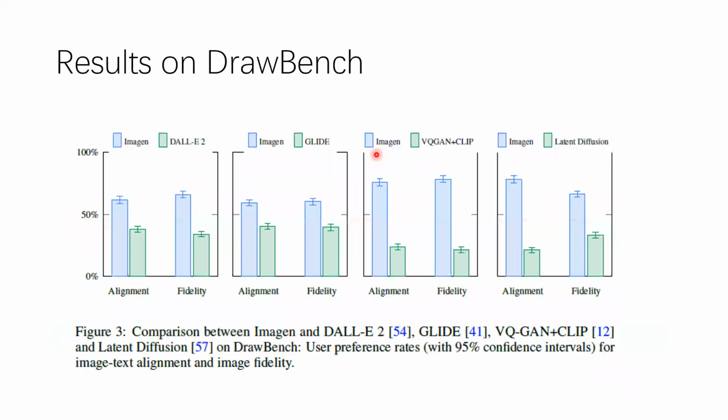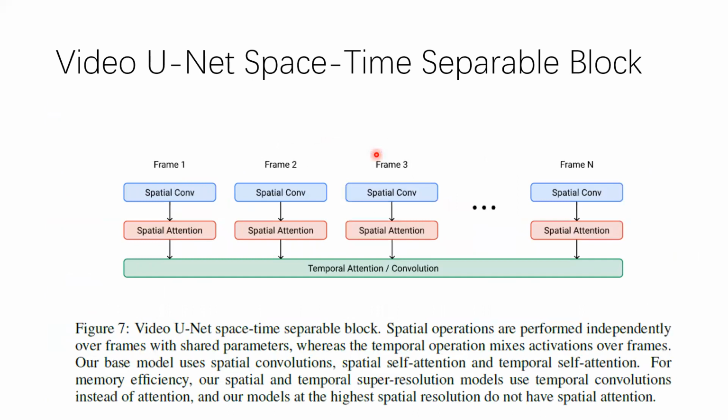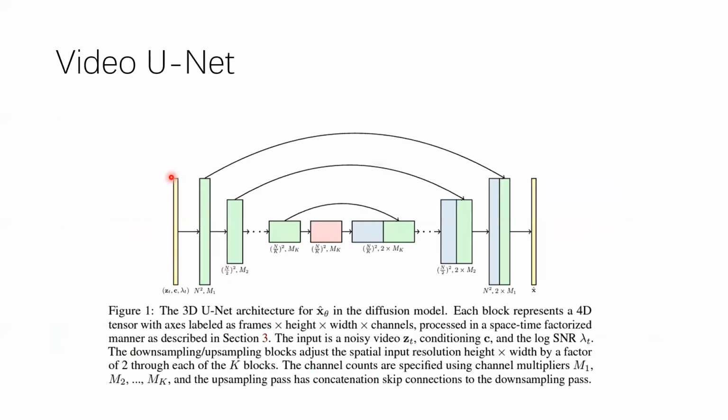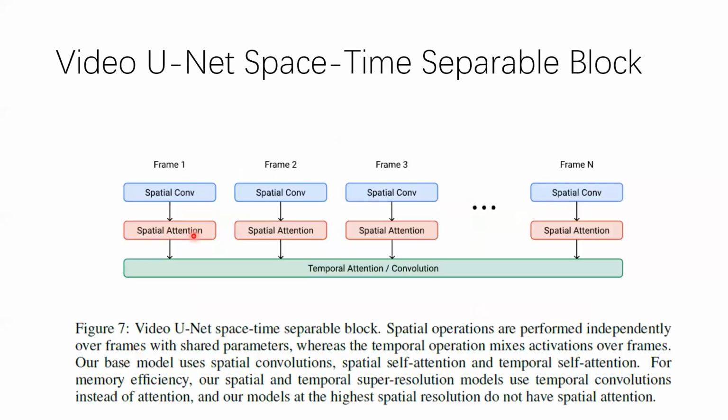So here, each diffusion model, this one is the input video, and this one is the output video. That's the video UNet. And each arrow is a block like this.